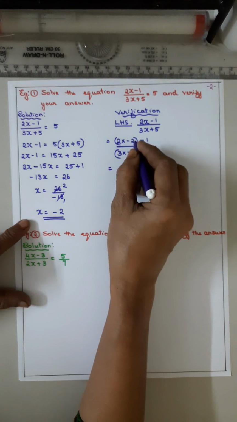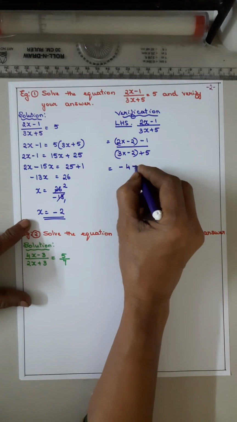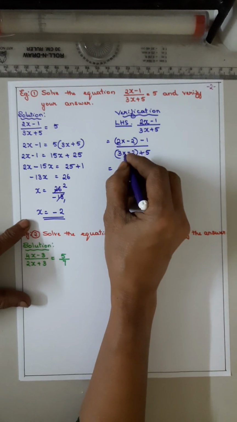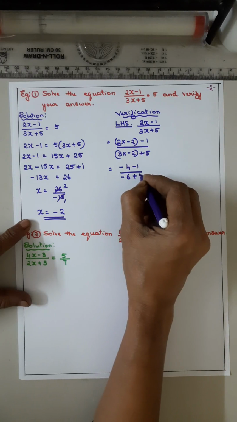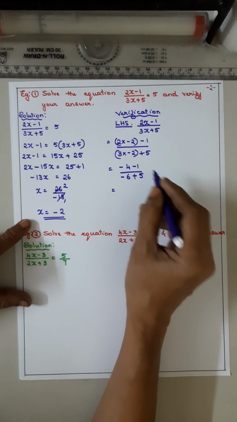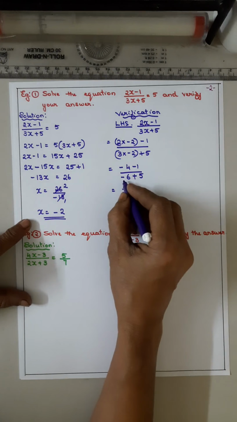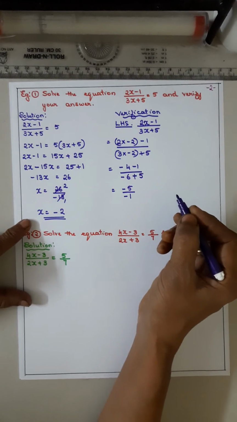Now, plus into minus, minus 2 twos are 4, minus 1, upon minus 3 twos are 6, plus 5. That becomes minus 4 minus 1, minus 5, upon minus 6 plus 5, which is minus 1.